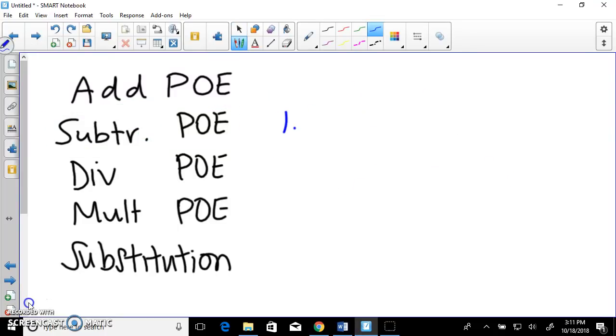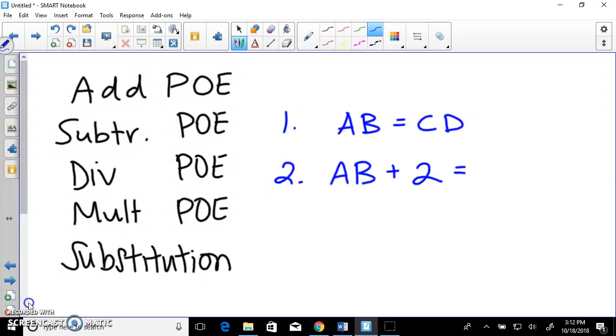I'll give you another example. Let's say that AB is equal to CD. So that's one step that's given. And then in the next step, I say AB plus 2 is equal to 7. Okay. In the next step, I say CD plus 2 is equal to 7. And my question is, what happened from step 2 to 3?